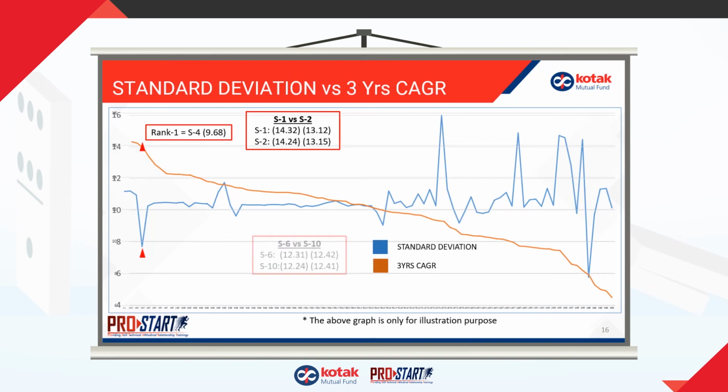If you observe the graph very carefully, you'll realize that for schemes S6 to S10 the standard deviation is approximately 12.4, but the returns vary from 12.24 to 12.31%. Obviously, out of these, any investor would prefer the scheme with the highest return as the risk parameter value is almost the same.